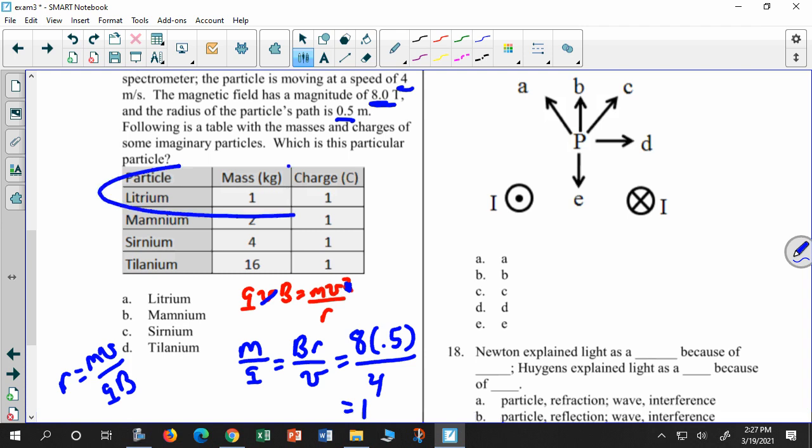That's easy. This also has a mass to charge ratio of 1. Notice the others have mass to charge ratios of 2, 4, and 16. Just go through and find the one that has the right mass to charge ratio. These are just made up atoms or particles, so the answer is yttrium, which I think is a pretty good name for an atom. Yttrium and mamnium and cerium. I worked pretty hard to come up with those made up atoms. I'd like for somebody to adopt them.